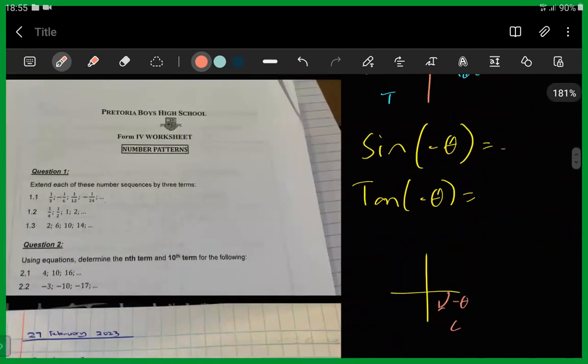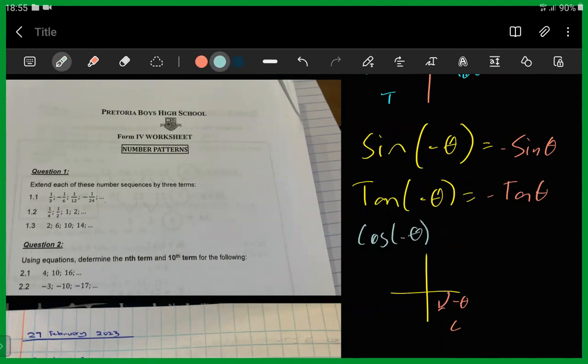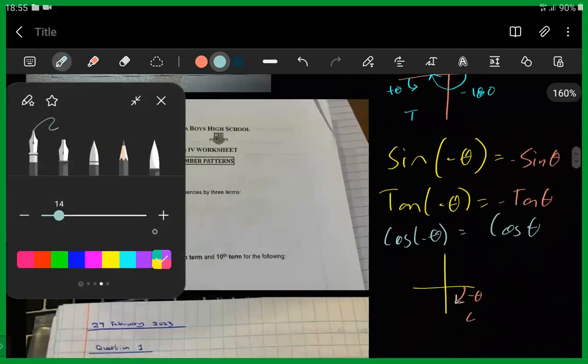So that's why this becomes negative sine, and that's why this becomes negative tan. And for the cos, it always stays a positive, because cos of negative theta puts you in this quadrant. That's why they say cos with a negative angle stays positive. But for the others, if it's a negative in here, it becomes negative in there.